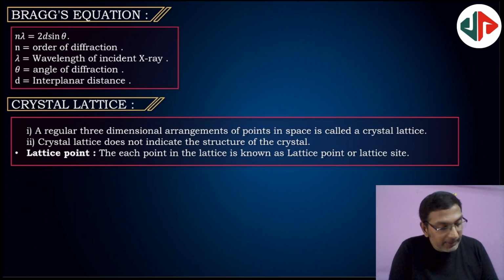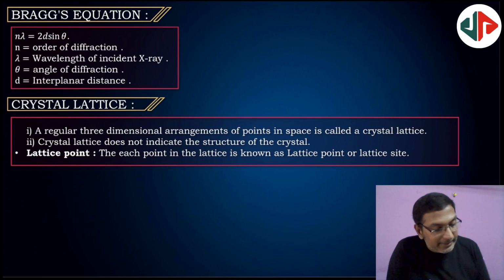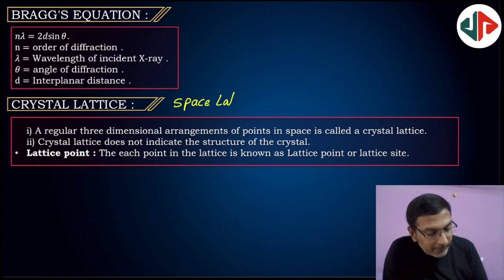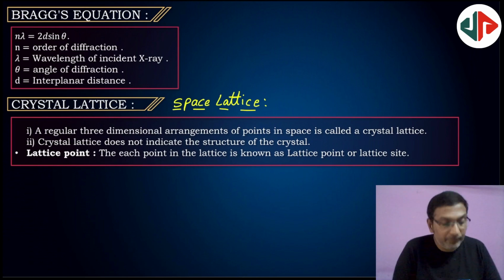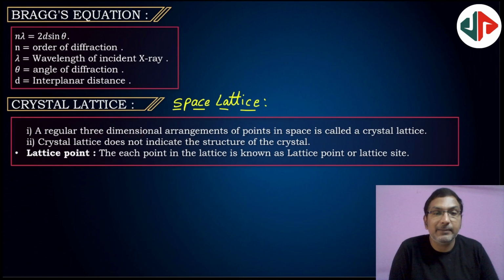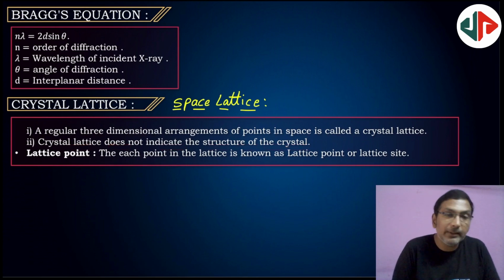Next, crystal lattice or space lattice. It is a regular three-dimensional arrangement of points in space. It will be known as crystal lattice or space lattice. Crystal lattice does not indicate the structure of the crystal. It represents only the arrangement of particles in space.